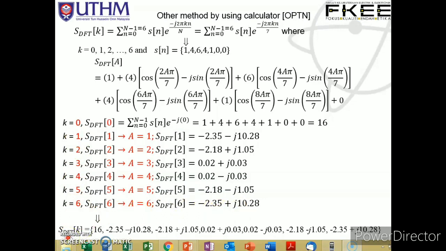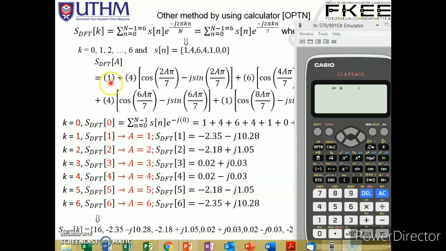Okay, so let's try using the calculator. Right, so we can just key in the equation here. 1 plus 4 times cos 2 pi alpha A divided by 7 minus j sine 2 pi alpha A divided by 7.